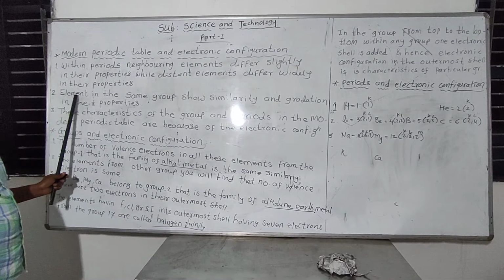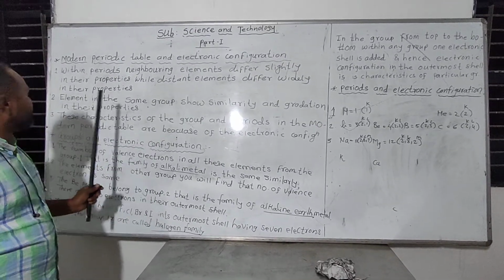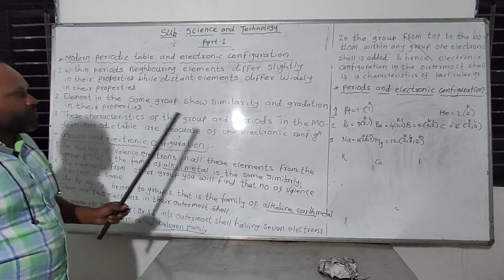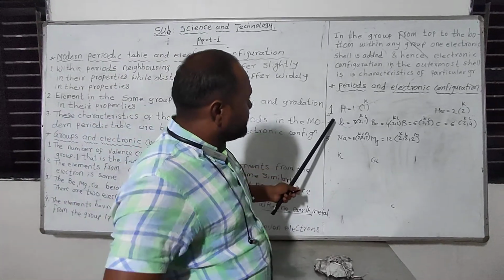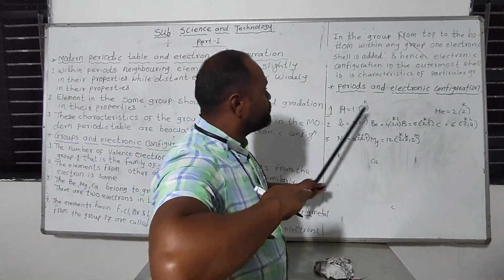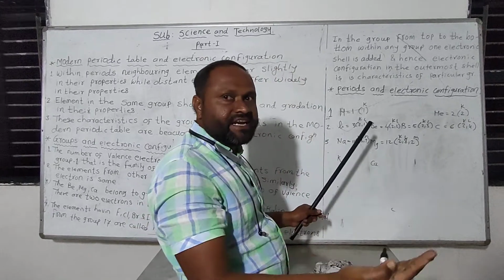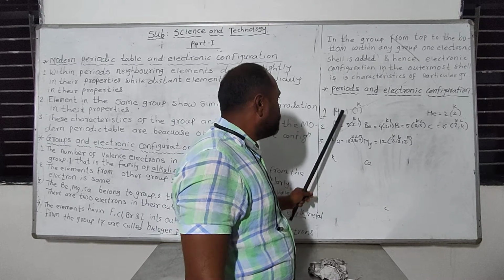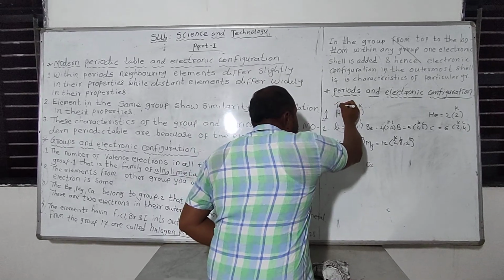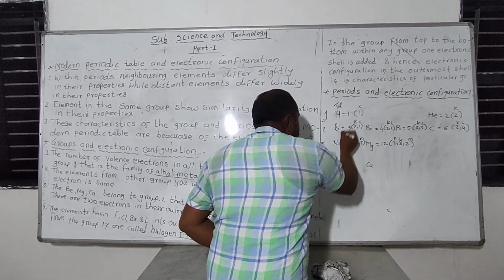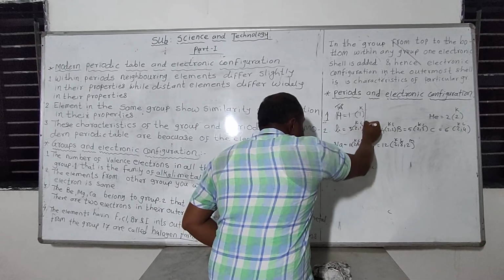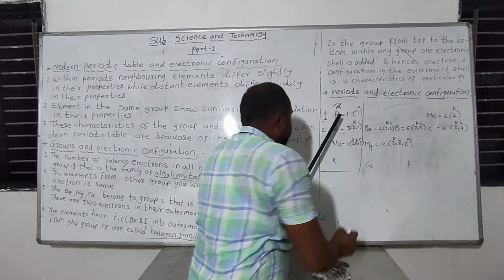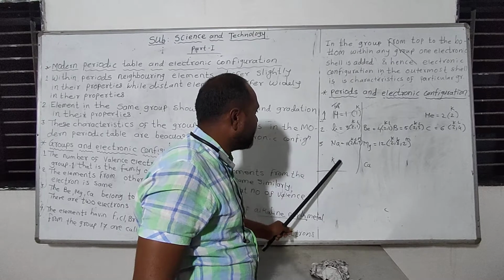Then the second point: elements in the same group show similarity and gradation in their properties. In a period, properties change from left to right, and in a group, from top to bottom. Here is the first group: hydrogen, lithium, sodium and potassium.